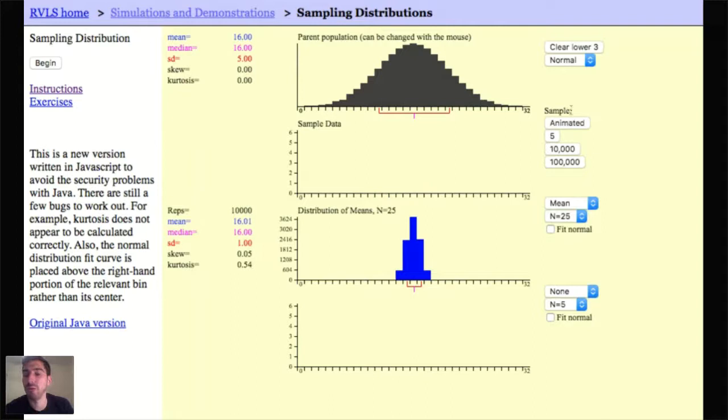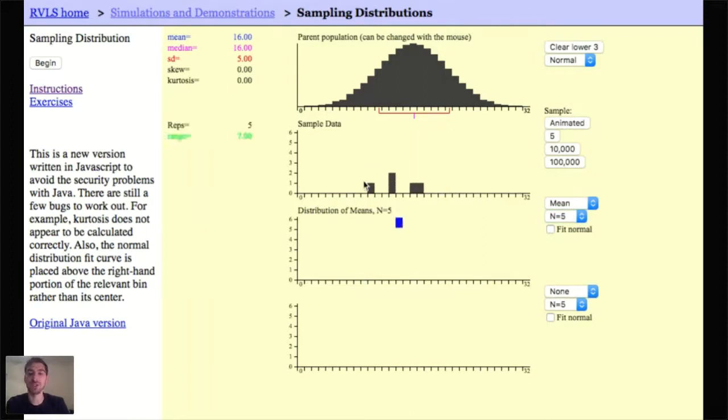One thing to point out before we go any further here is there's a clear distinction between population distribution, which is at the top, sample distribution, which is the 5 people I just pulled from the population, and sampling distribution, which is being built with the blue bars on the third row. Population distribution is all the individuals you could be looking at. Sample distribution is the individuals you pull from the population in your individual sample.